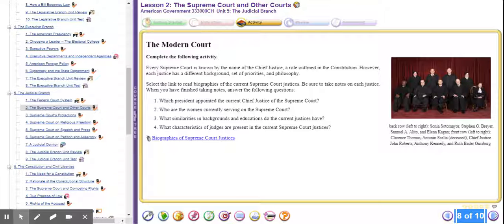That someone new is Amy Coney Barrett, and she is having hearings with the Senate right now. We talked about that process in a previous unit, but she's having hearings with the Senate to decide if she's going to be confirmed or approved by the Senate. So it's very much in the news right now. But right now we only have 8 justices on the Supreme Court because, like I said, Ruth Bader Ginsburg died a few weeks ago.